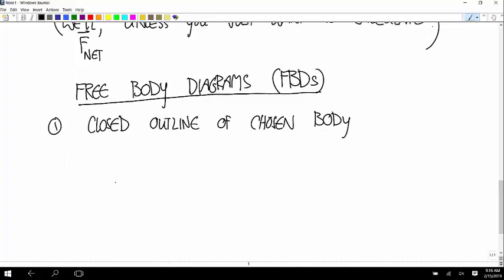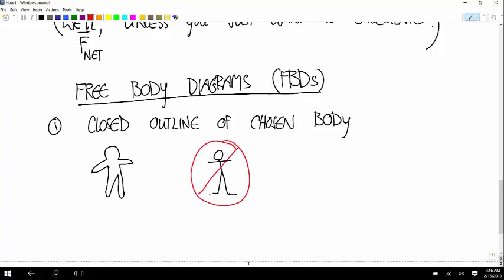So if the body you're isolating is this person, gingerbread man, okay, that's a closed outline. The outline goes all the way around and connects at one end. And it's totally unambiguous what's on the inside and what's on the outside. That's what this is all about. So this is not. That doesn't have an inside and an outside, so don't do that.